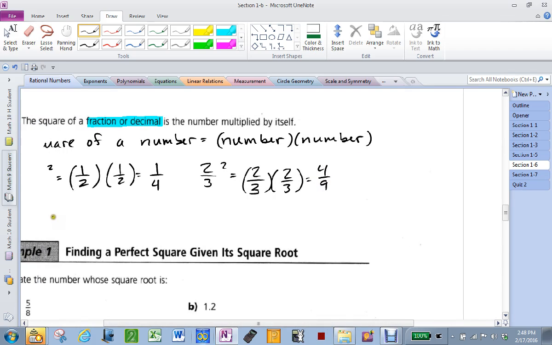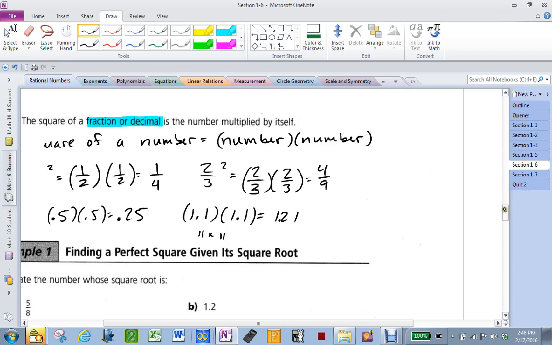Now with decimals, it's the same thing. 0.5 times 0.5 is 25 with 2 decimal places, 0.25. 1.1 times 1.1 is the same as 11 times 11, which is 121 with 2 decimal places.